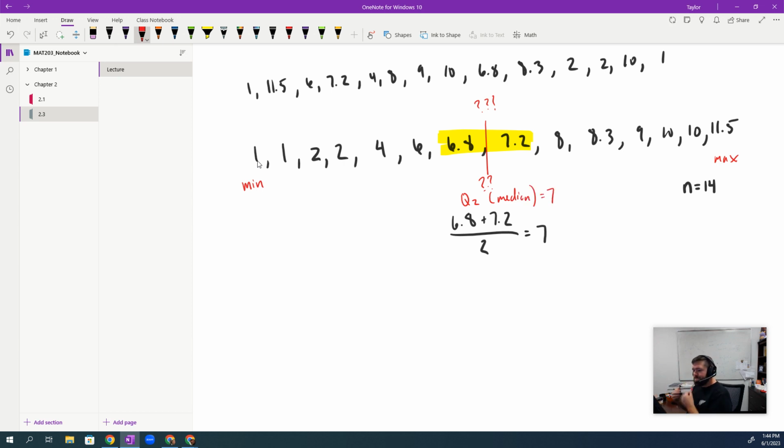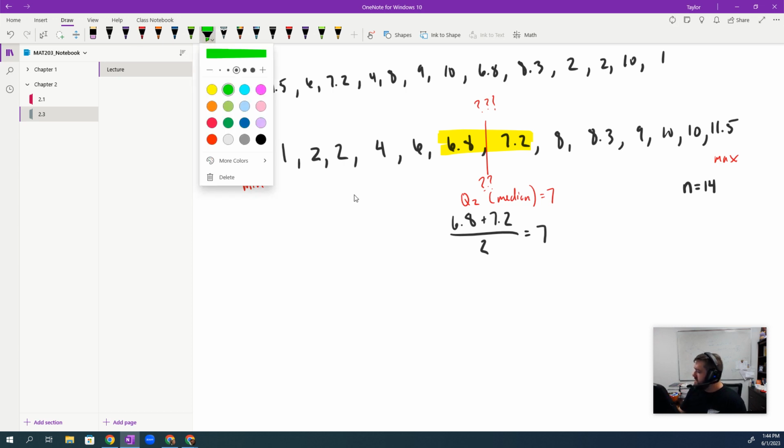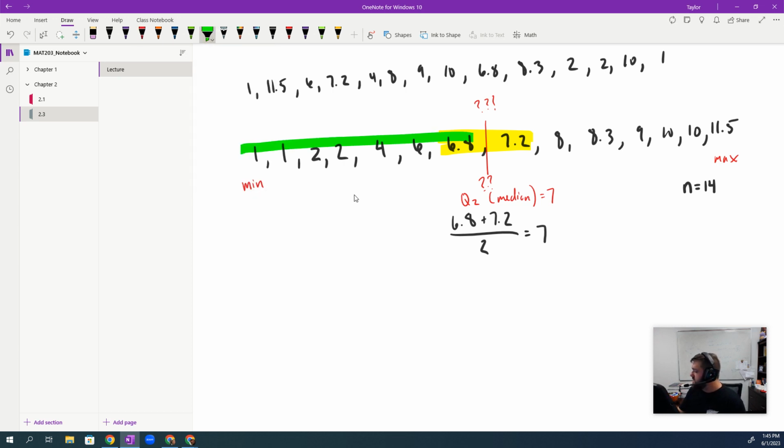Okay, now, I want to change this color for a second. Green. Look at the first half. So from 1 to 6.8, we have 7 numbers. This is the first half. The middle of this, remember, we're going to cut the data into 4 pieces, right? So far, I've cut it into 2 pieces, the first half and the second half. And then if I cut a half and a half, I get a fourth, a quarter. So we're going to cut this in half.